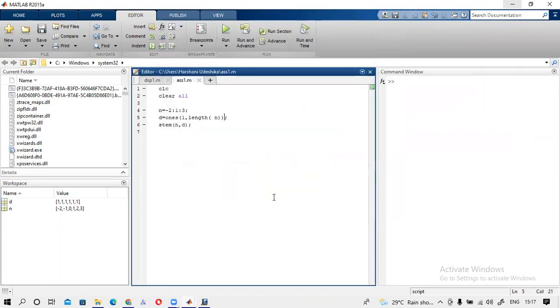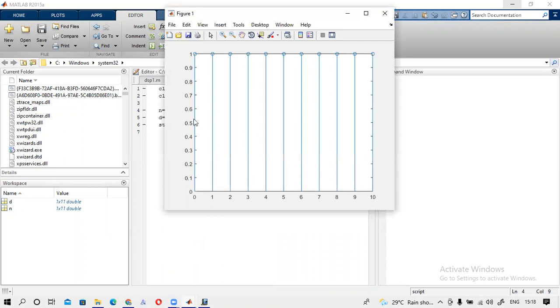If you want to generate a unit step function, that means from 0 up to, let's say, 10. If you type like this, you will get the unit impulse. So this is a discrete time unit impulse function.